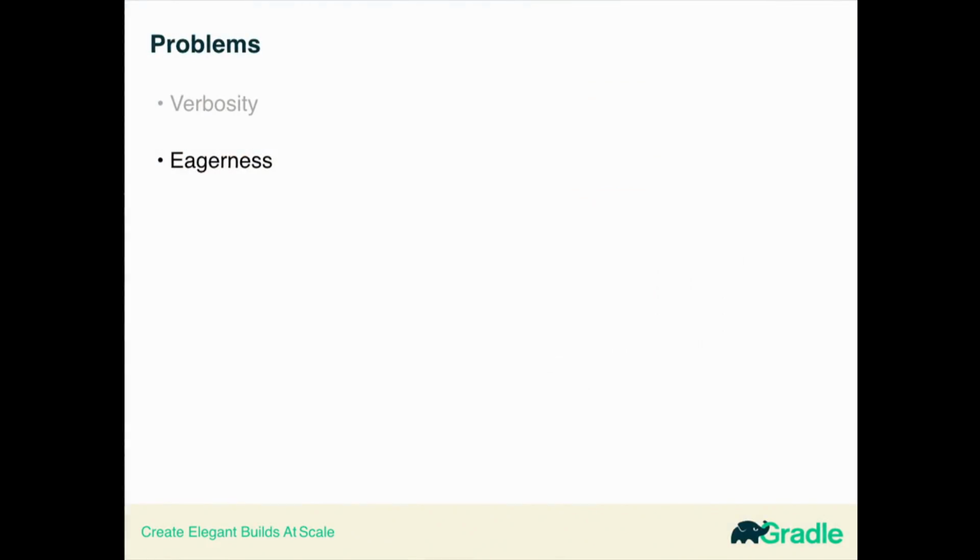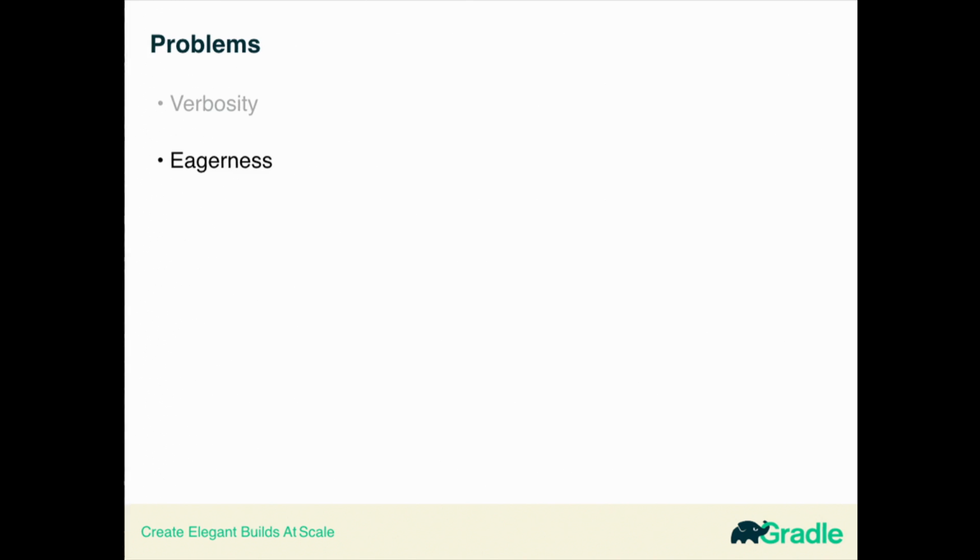The next thing is, if you look at the subprojects or allprojects blocks, they are eager. So if you're in your root project and you want to avoid duplication, so you put a lot of logic into your root project and say like all subprojects should have this plugin and that plugin and that plugin, and then the test tasks should have this logging level, and then all Java tasks should have UTF-8 encoding and so on.